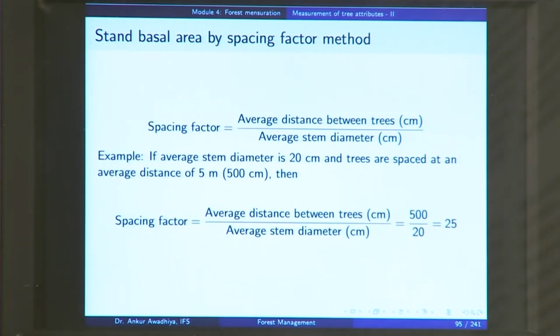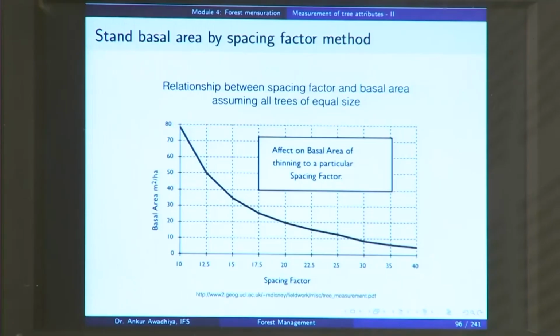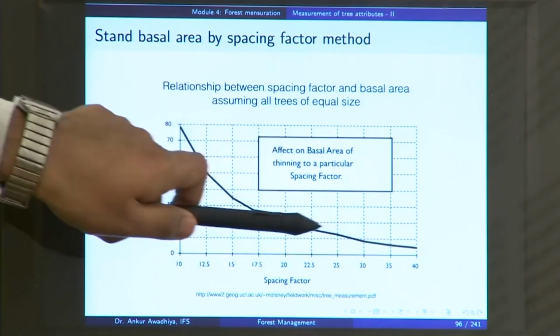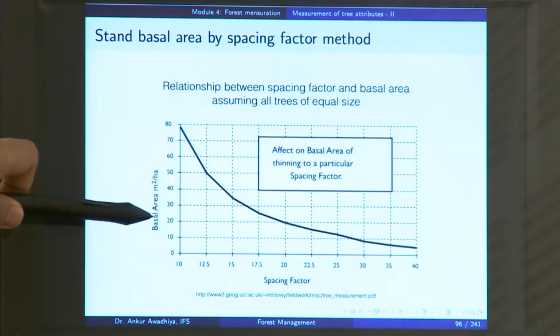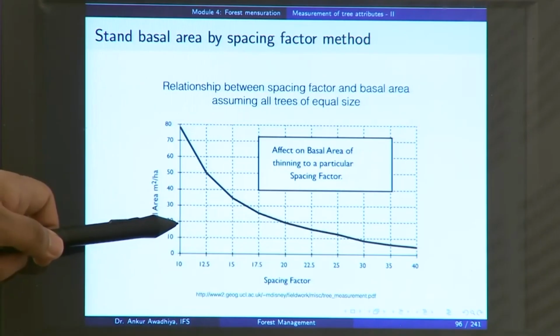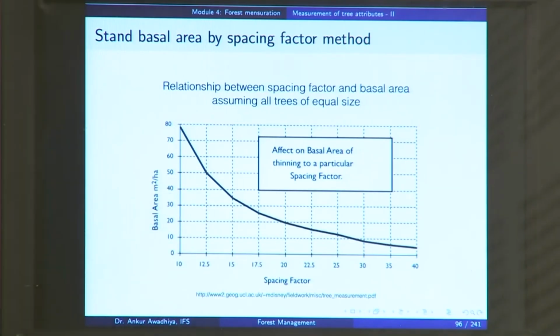So, if you are able to measure the DBH of a few trees in your sample plot, and the average distance between the trees, you will get the spacing factor. And once you know the spacing factor, in this case 25, you can make use of this curve to find out the basal area per hectare. So, for 25, this will be roughly around 12 or 13. So, you can find out the stand basal area using this spacing factor method.